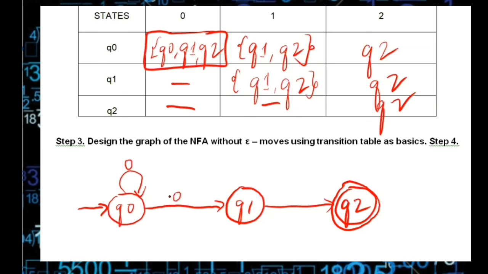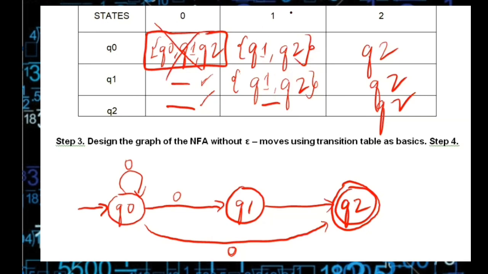Then, mapupunta ka ng Q2 pag nag-input ka ng 0. So, gawa ka ng edge. Going there, mag-input ka ng 0. So, tapos na tayo sa part na to. Then, sunod, wala naman siya dito nakalagay, blank, saka blank. Hindi natin to i-computein. We're done with this. Pag na-solve na, I will cross it.